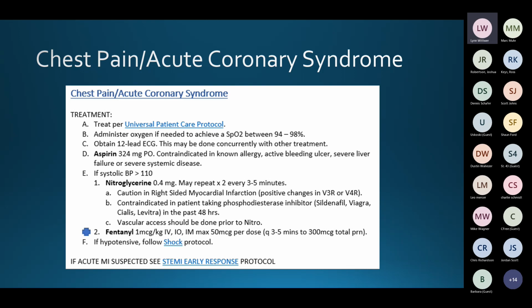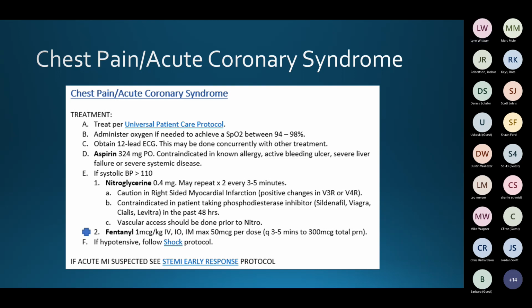Then if they're still having chest pain after a couple doses of nitroglycerin, fentanyl would also be indicated if you couldn't give them nitroglycerin because of the right-sided MI, if they're having pain.